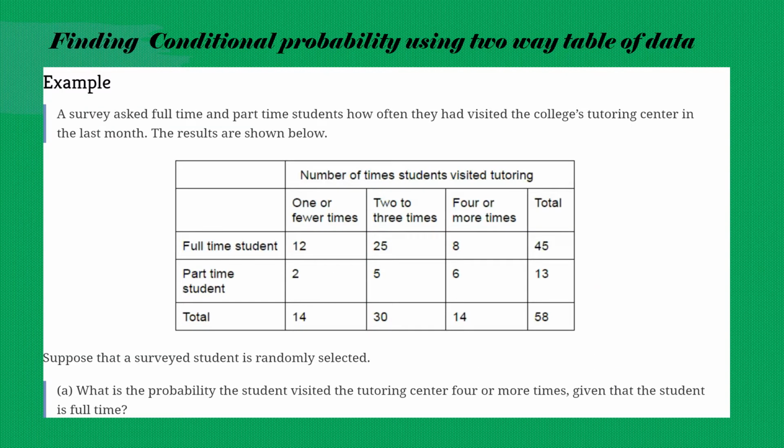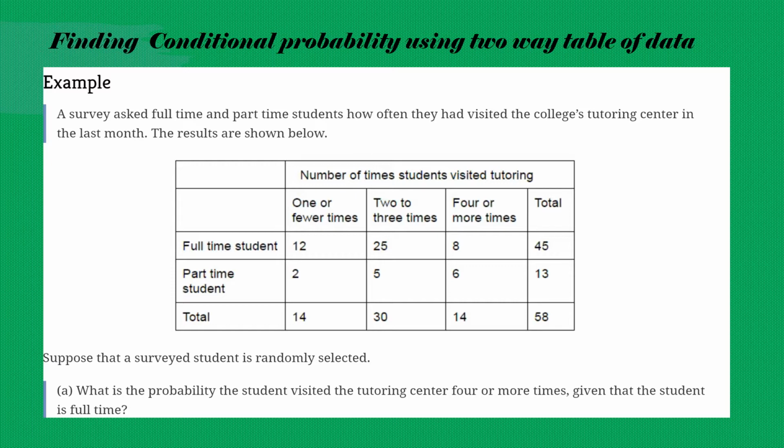We can also find the conditional probability using the two-way table. If the data are given using a two-way table, we can also find the conditional probability, like in this case. It talks about the number of times students visited the tutoring center, where they are full-timers and part-time students.